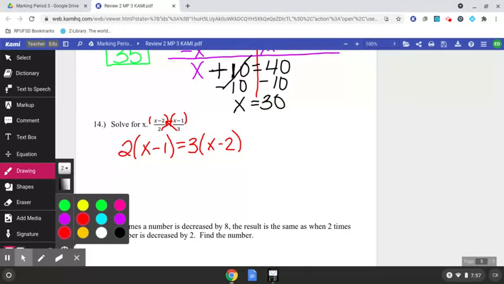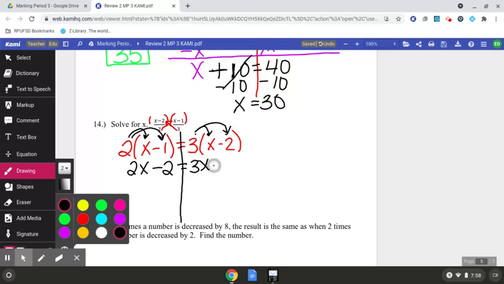Now you just have a regular equation. So we're going to draw our line and we're going to solve this. So 2 times x, we're going to distribute here, is 2x. 2 times a negative 1 is a negative 2. Equals 3 times x is just 3x. And 3 times a negative 2 is negative 6.